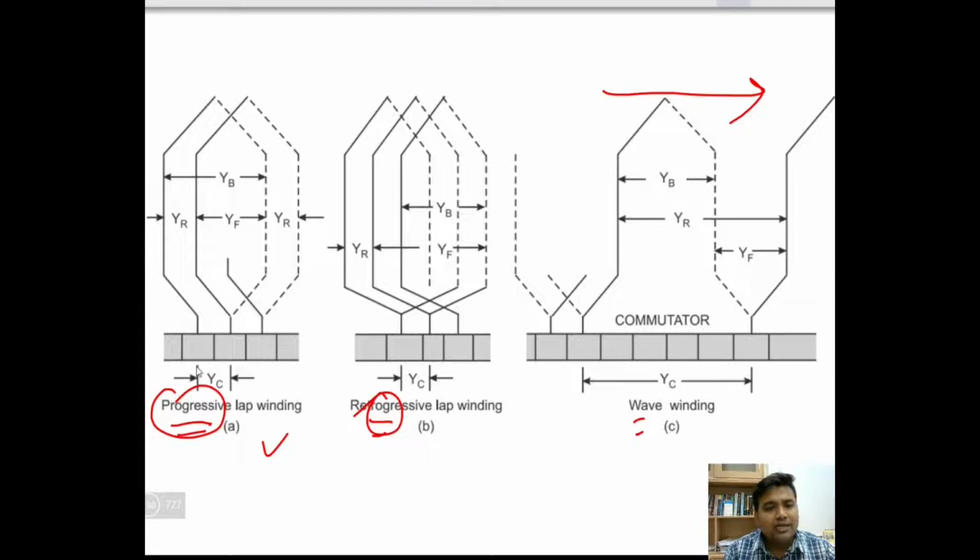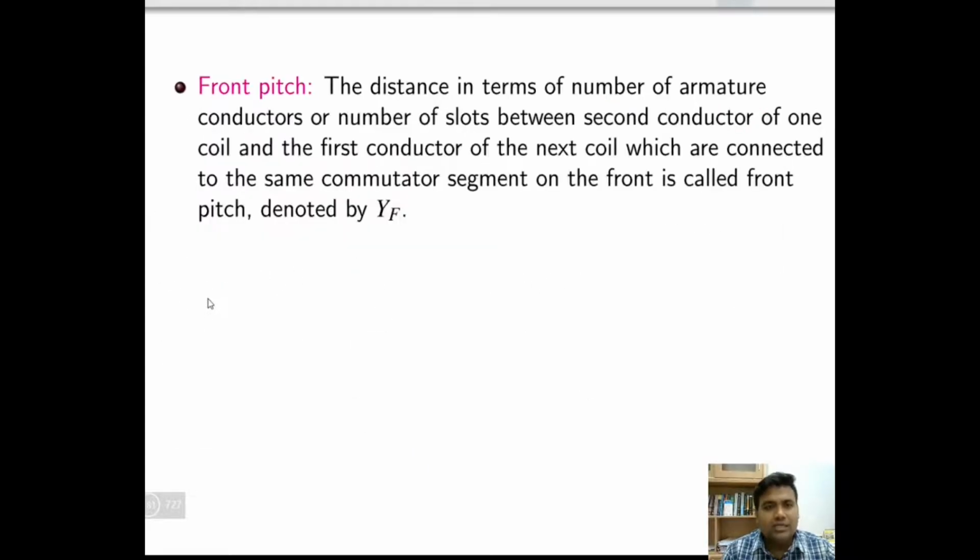You see the center to center distance is known as the commutator pitch, and we have something called front pitch, resultant pitch, and back pitch. Back pitch is basically the distance between the back ends of the winding, and front pitch is the distance between the two ends of the winding which are connected to the commutator. So we will see all these things.